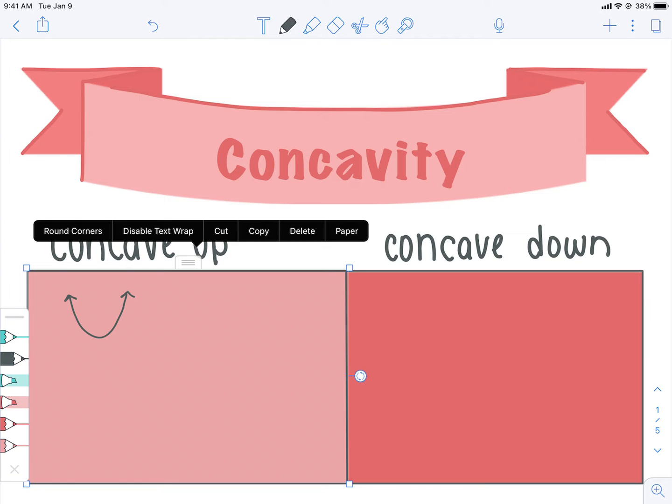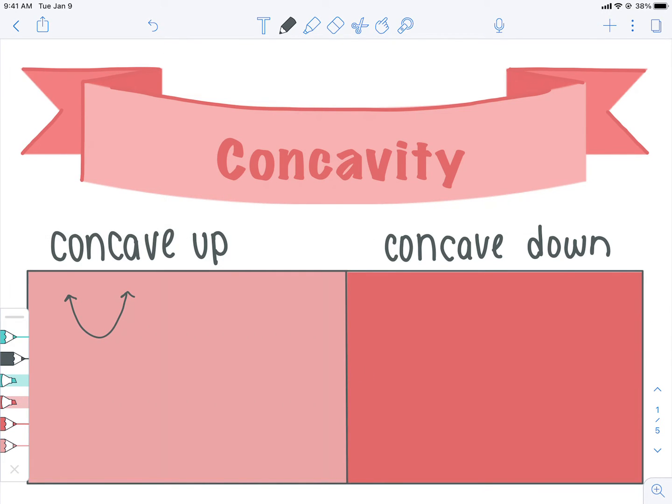It can also be just part of it, so it doesn't have to be that whole entire U. It could just be a piece that's bent and looking up. If we continued it, it's going to make a U.